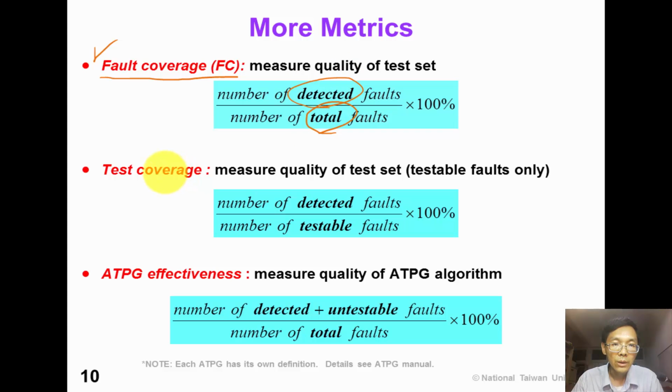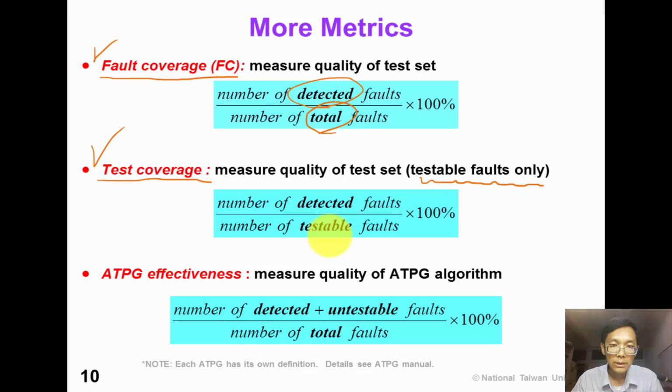However, now that we have the concept of untestable faults and the testable faults, we can further modify this coverage into test coverage, which measures the quality of test set, but we consider only the testable faults, because untestable faults do not have any impact on our test quality anyway.